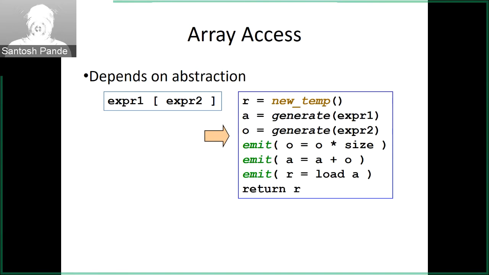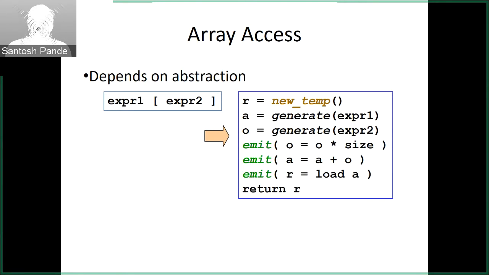Again, what we are doing here is generating the result of this in A, which is the base. You can see O is the offset here, and we are generating the symbolic names which are capturing this base and offset results.